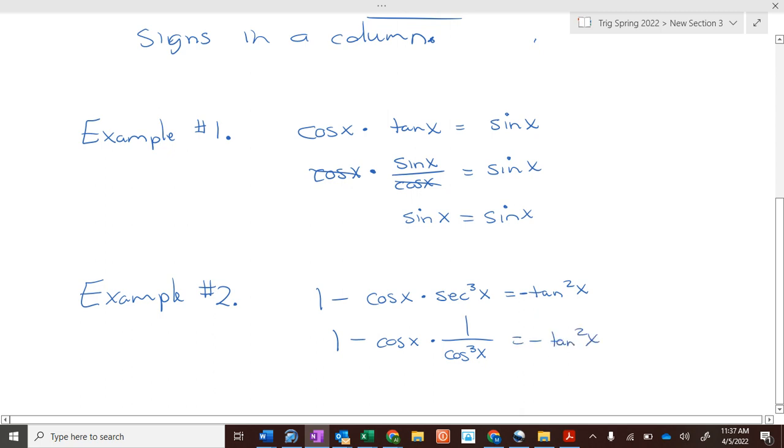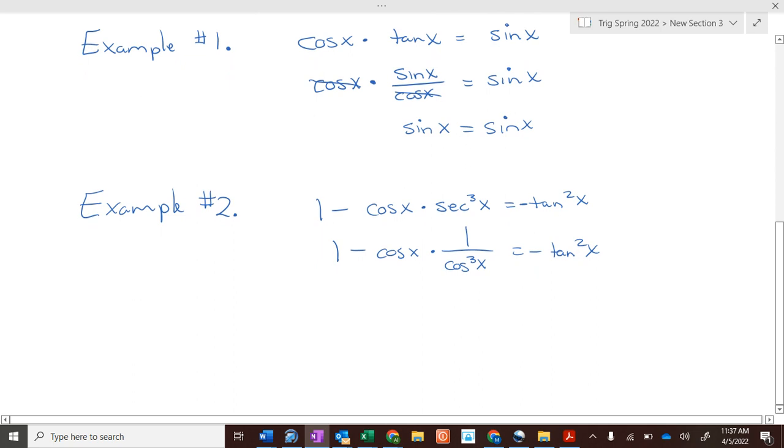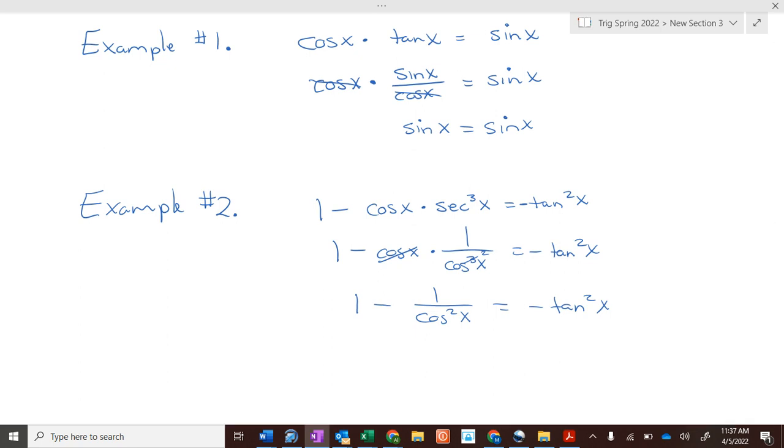Now what can I do? How about we cancel a cosine and a cosine? So I have 1 over cosine squared. So it's 1 minus 1 over cosine squared of x. At this point, I have about 3 different routes I could take on this problem and get to the answer.